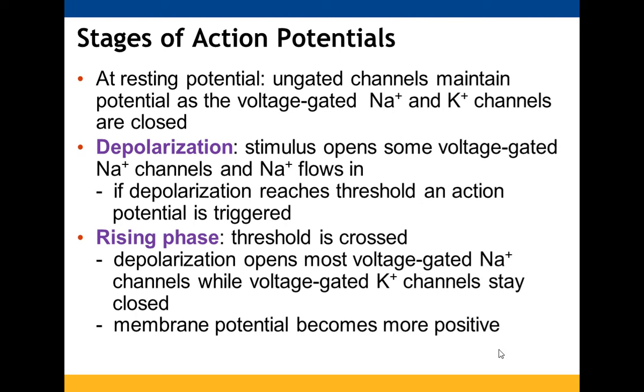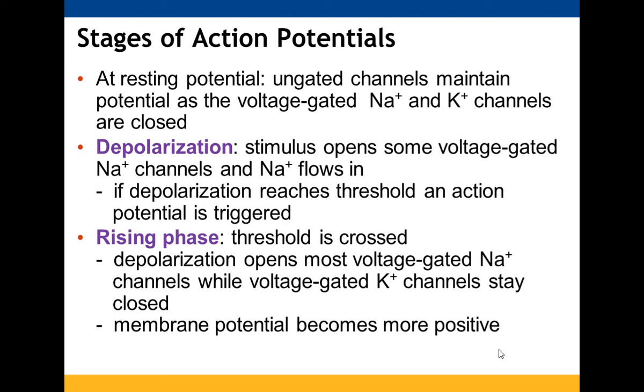So the voltage-gated sodium and potassium channels are closed when you're at resting potential. When you have some sort of stimuli come along that opens up the voltage-gated sodium channels and you increase your concentration of sodium ions inside of the cell in the cytoplasm, if that depolarization meets that threshold value, you have an action potential occur.